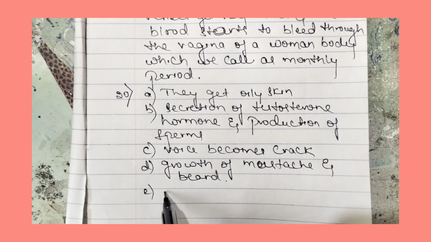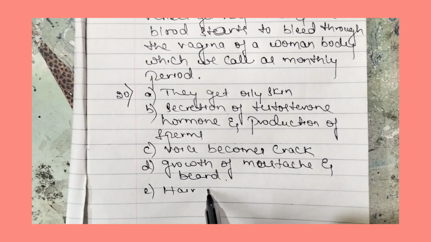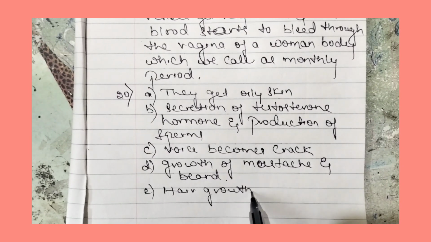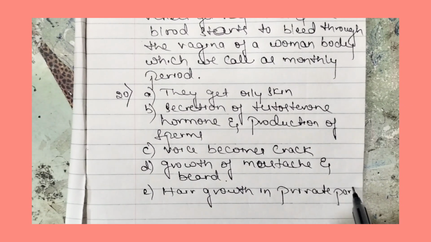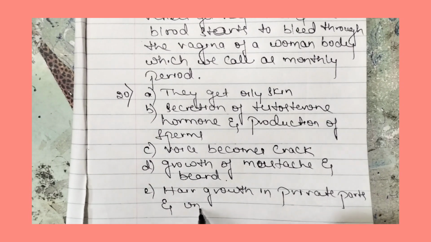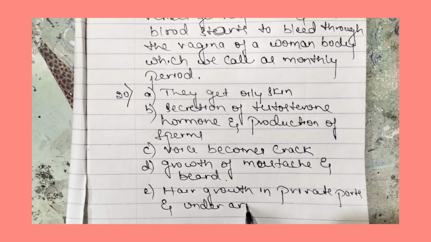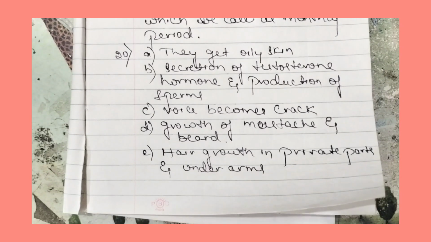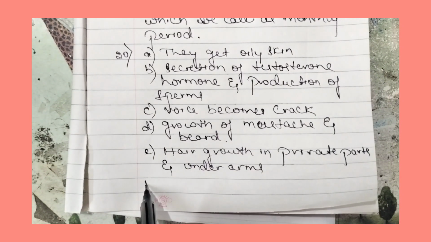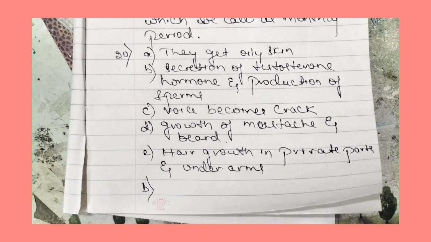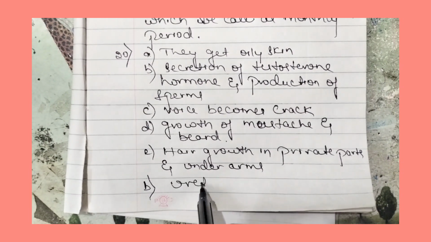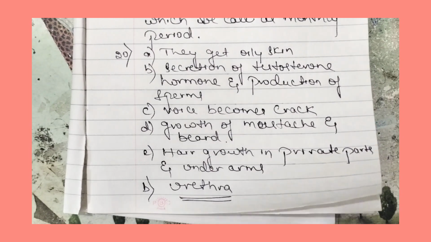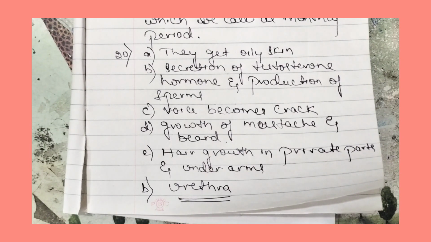Then hair growth in private parts and underarms. So these are the changes that you can observe in boys during teenage. Then the B question: what is the name of the common passage for both urine and sperm? That is the urethra. So the urethra is the common passage for both urine and sperm.